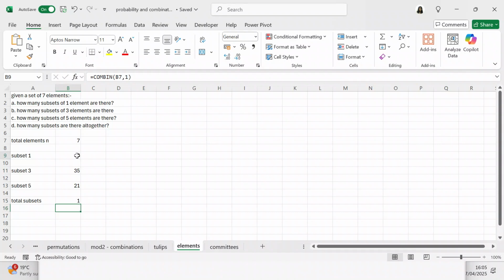A subset of 1 equals COMBIN(B7, 1), which is 7. A subset of 3 is COMBIN(B7, 3), which is 35. A subset of 5 is COMBIN(B7, 5), which gives you 21. And the total subsets is COMBIN(B7, B7), which is 1.